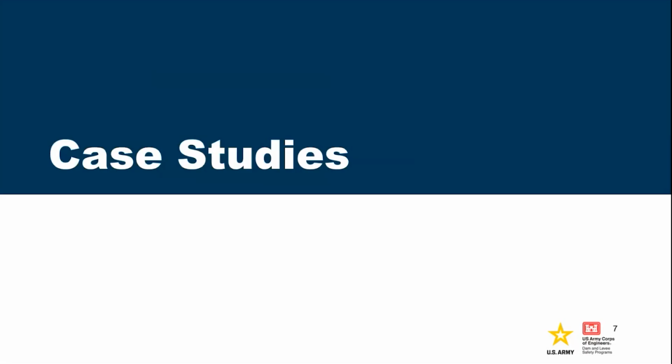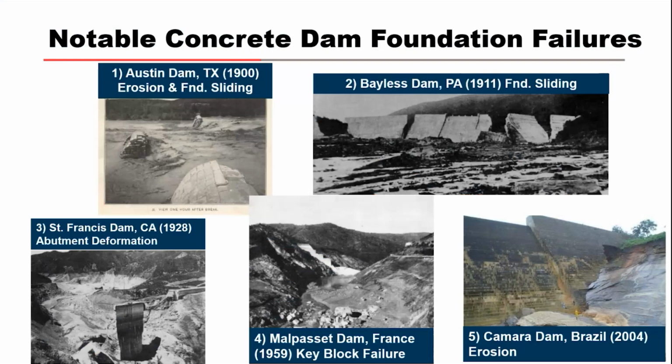Okay, so I'm going to touch on a few case histories. There are a number of notable failures of concrete structures that we should attempt to learn from and understand so that these triggering mechanisms and conditions can be applied to our risk assessments. Austin and Bayless dams failed due to foundation sliding.